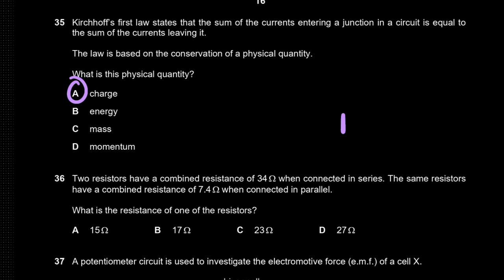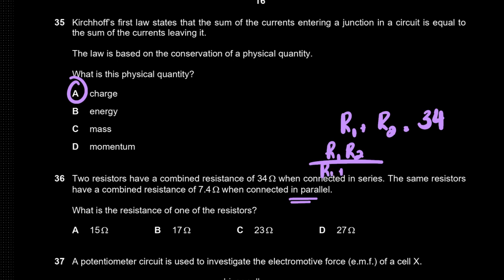So for series, I would say R1 plus R2, the sum of resistances, equals 34. And for the other one, because they are in parallel, I would say R1 R2 over R1 plus R2 equals 7.4.